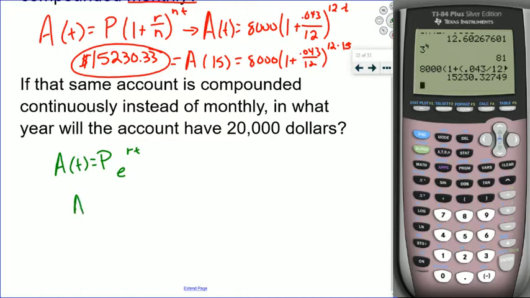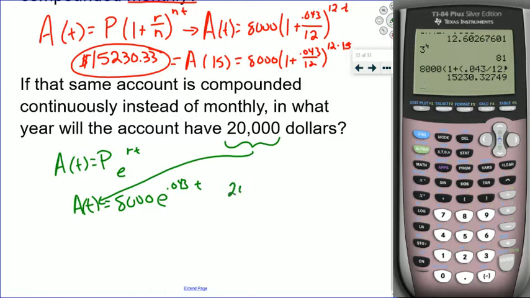So we have A of t equals 8,000 times e to the rate, which is 0.043, times some unknown amount of time. Now we're looking for $20,000. So this is the amount that we're going to end up having, so we plug that in for A of t. So 20,000 equals 8,000 times e to the 0.043 t power.